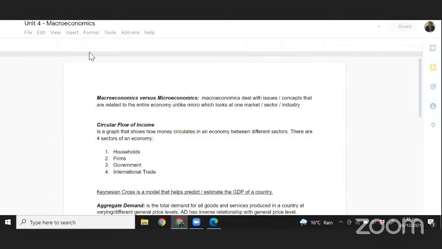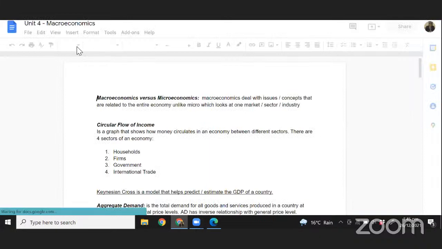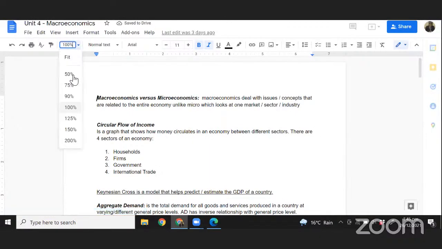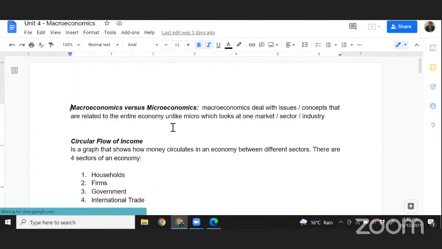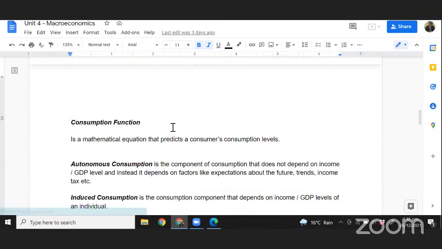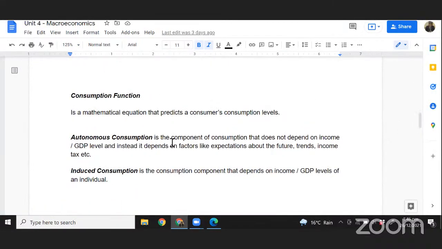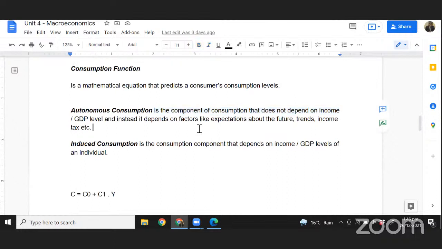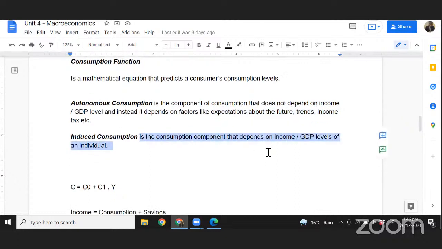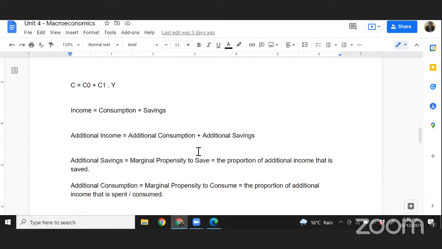Now that being said, similarly, autonomous investment means that this investment doesn't depend on GDP, regardless of how much the country's GDP is. So autonomous consumption is the component of consumption that doesn't depend on income or GDP level, and instead depends on factors like expectations about the future, trends, income tax, etc. On the other hand, induced consumption is the component that depends on the income or GDP level of an individual or of a country, and so on.